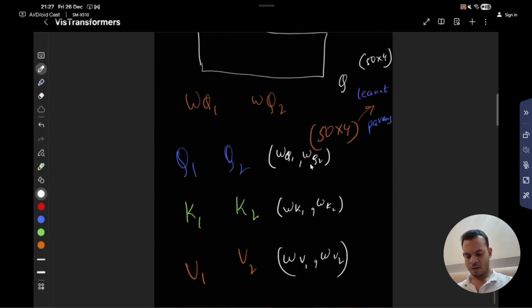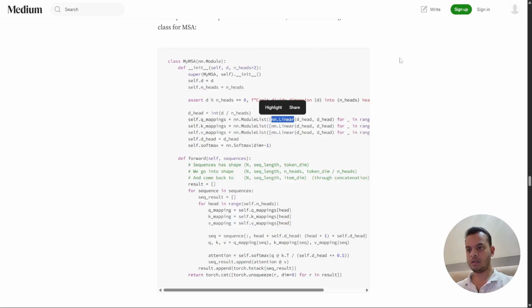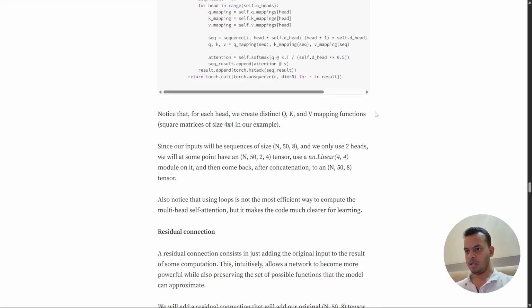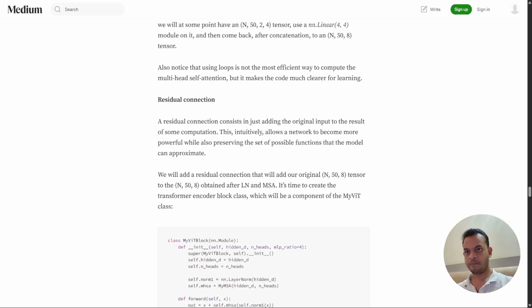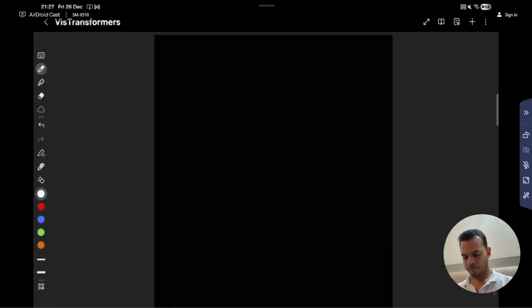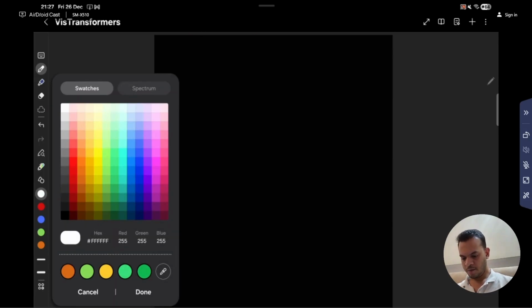now if you know about the attention mechanism, you would know that the mathematical process that happens in attention mechanism is something like this. You have your q, you have your k transpose. Okay, so a dot product, and then it is divided by root of the dimension.